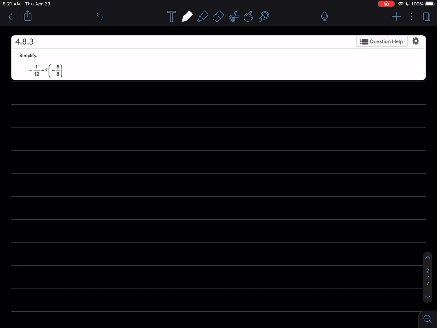So the first few here are going to be very similar with slightly different twists. Here we're working with several negative signs and subtraction. We'll start by rewriting this problem. -1/12 minus 2 times -5/8.